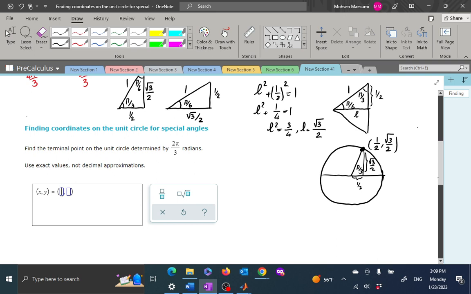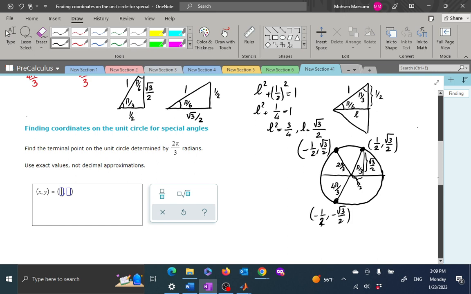Once we have one of these points, the rest are easy to make. If I go to the left, it becomes -1/2 and radical 3/2. So this is at the angle 2 pi third. If I come down here at this point, so this is going to be 4 pi third. It's going to be -1/2 and minus radical 3/2.